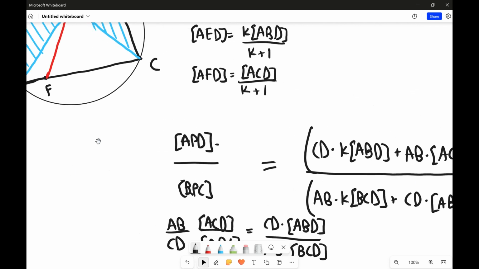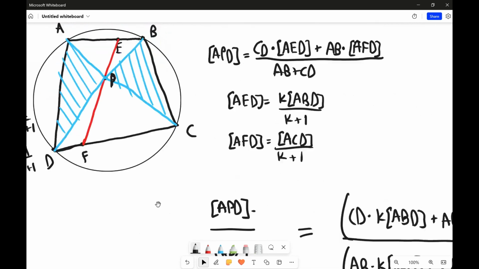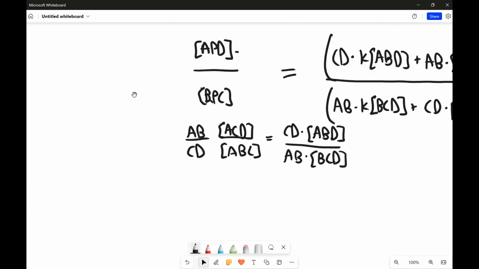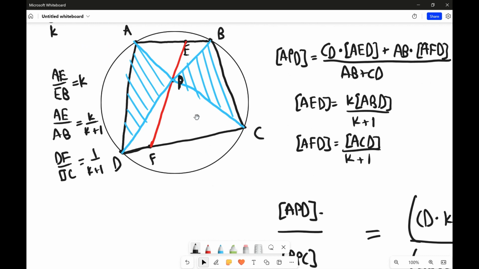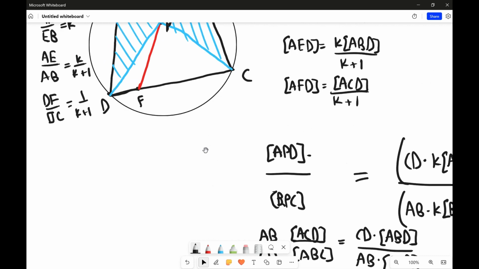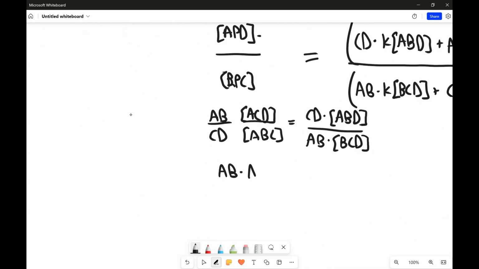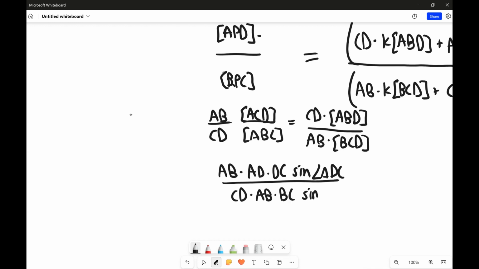And now that we have cyclic quadrilaterals here, we can express the areas using the sine area formula. So we have that AB times the area of ACD here is AB times AD times DC times the sine of angle ADC. And then this is CD times AB times BC times the sine of angle ABC.